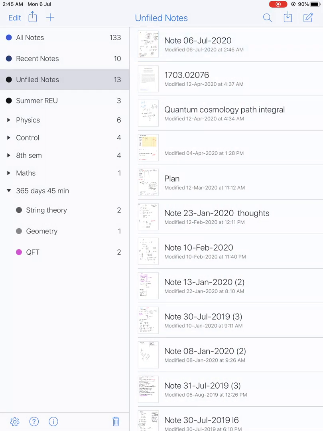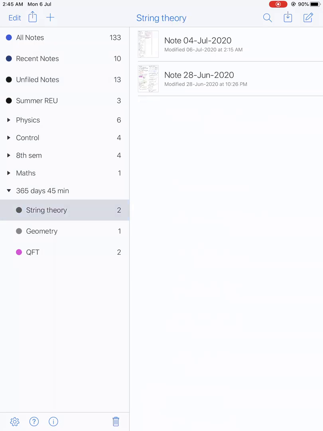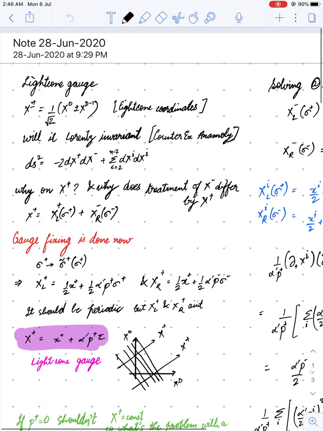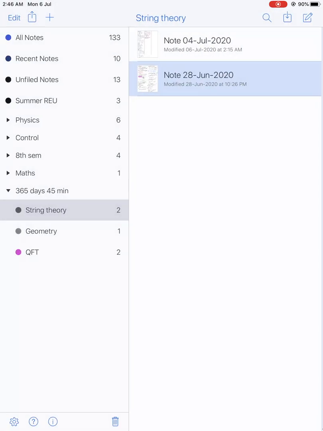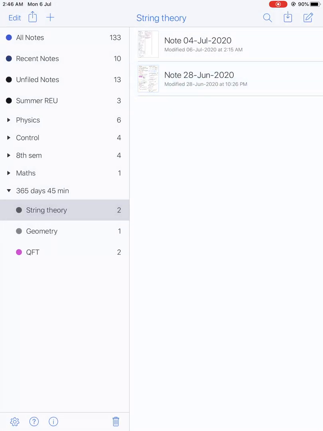So it starts with, I don't actually remember the equations. Let me at least check the equations. Yeah, Lightcone gauge, and that's how it's done.